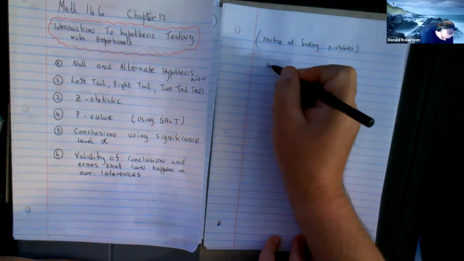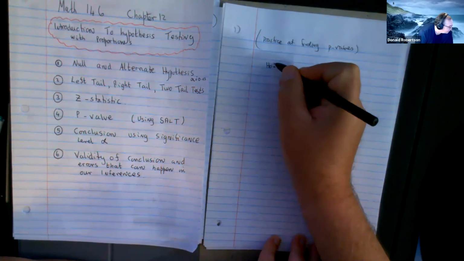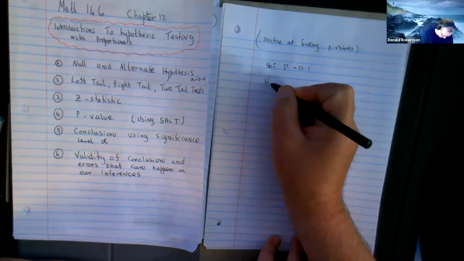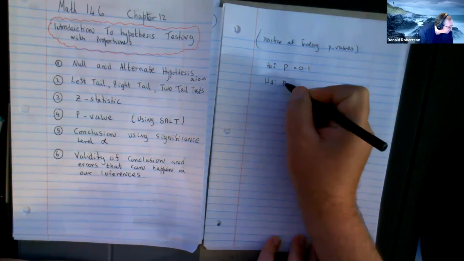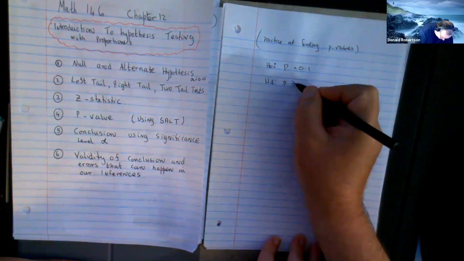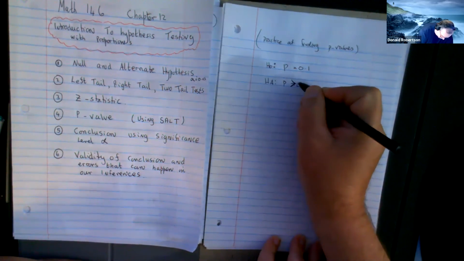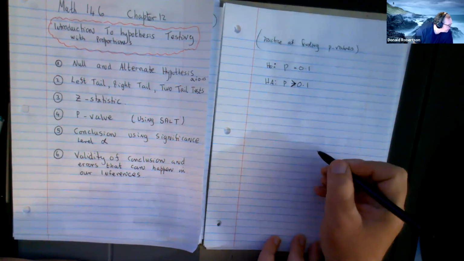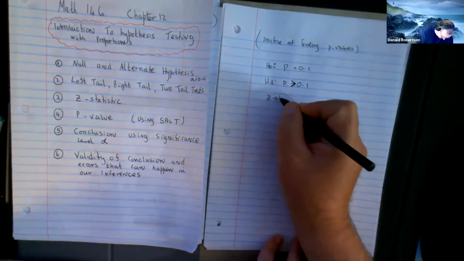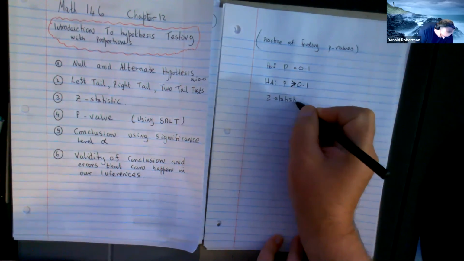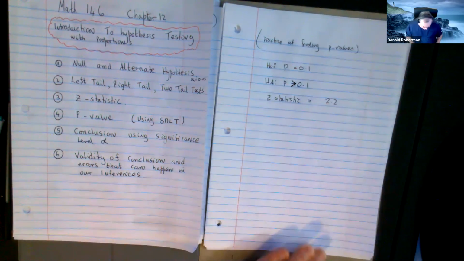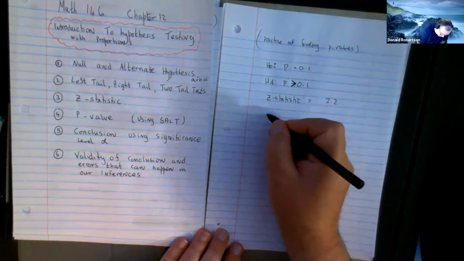Suppose you know or are told that the null hypothesis is that guy, and that the alternate hypothesis is, I don't know, say bigger than 0.1. And the Z statistic, you are told that it is 2.2. We are going to find the p-value.